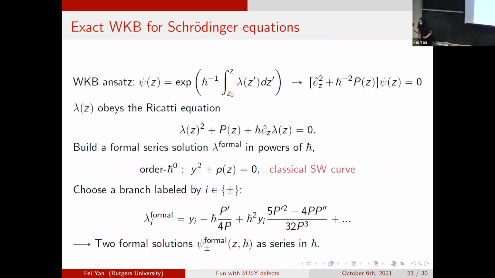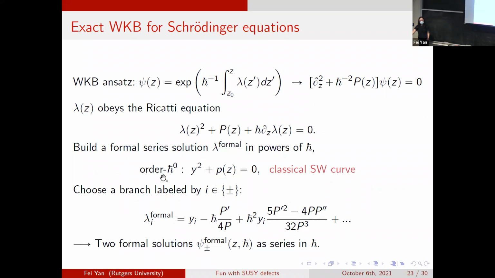Okay, so let's just quickly look at this exact WKB story. So I have this Schrödinger equation. I will make some WKB ansatz on that as follows. And then substituting this into the Schrödinger equation, I will get the so-called Riccati equation. The first step in WKB analysis is to build a formal series solution in powers of h bar.